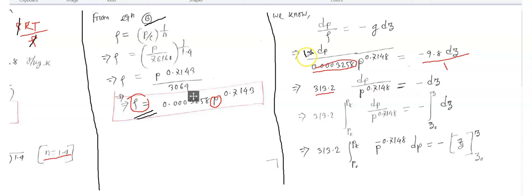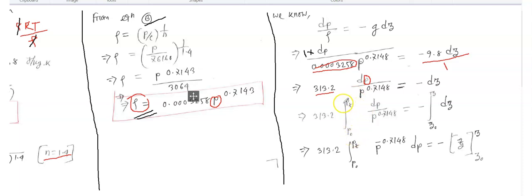Now, dP over dz, if we want to get this pressure, you all know this is a differentiation, called the rate of change, so what we need to do is integrate this.